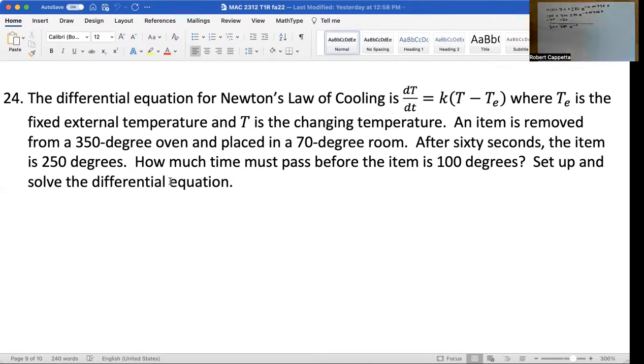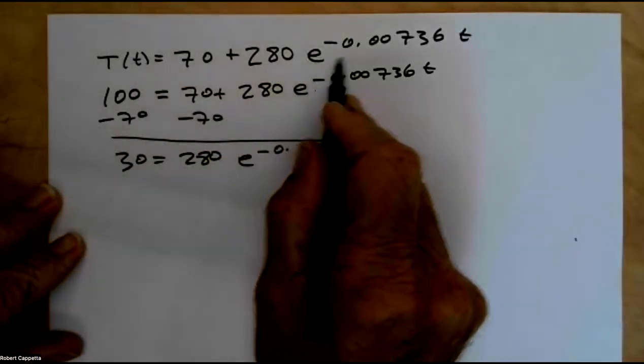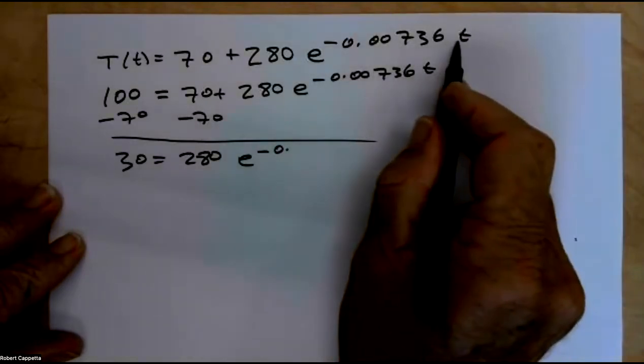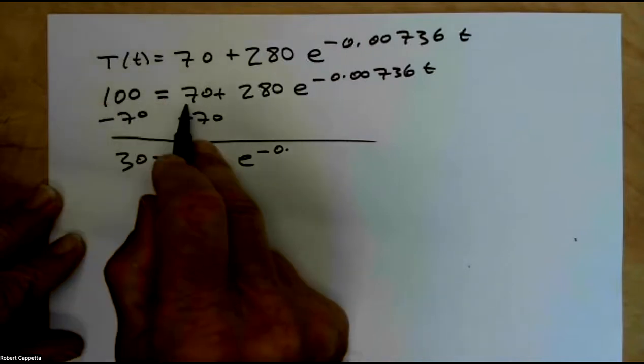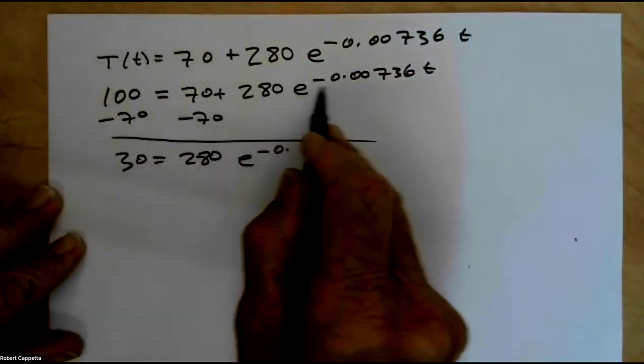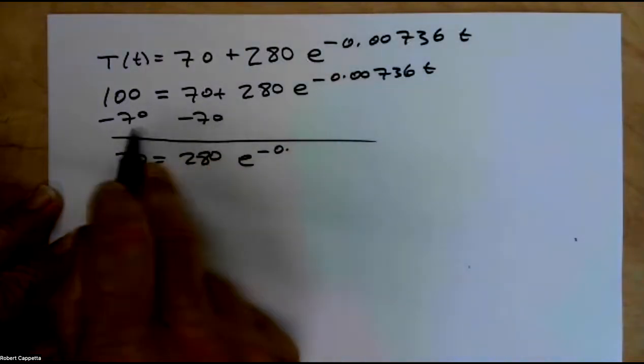Whoops. Back here. Again, T of t is 70 plus 280 e to the negative 0.00736t. Our big T is 100. We want to solve for little t. So replacing big T with 100, 100 is 70 plus 280 e to the negative 0.00736t. Subtract 70 from both sides.